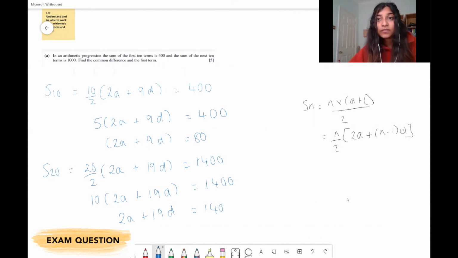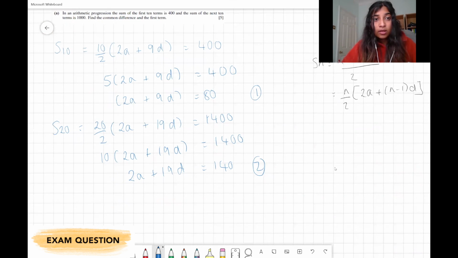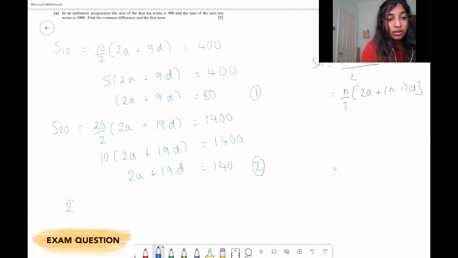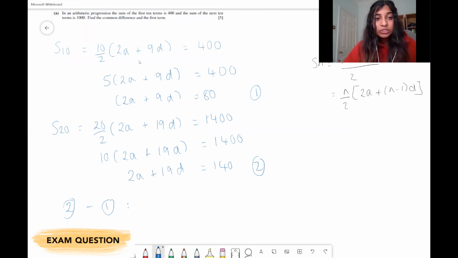And now we just have two simultaneous equations that we can solve to find a and d. So label this 1, label this 2. Both have 2 in front of the a, so we can just do equation 2 minus equation 1, and the a's will cancel, and you get 19d minus 9d, so that's just 10d, and then 140 minus 80, that's just 60, so then d is equal to 6.